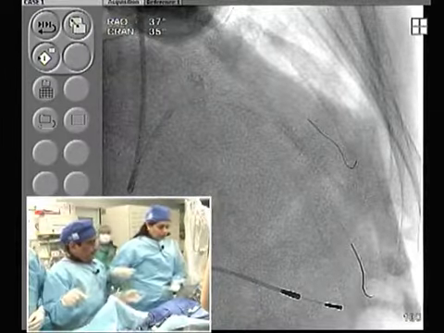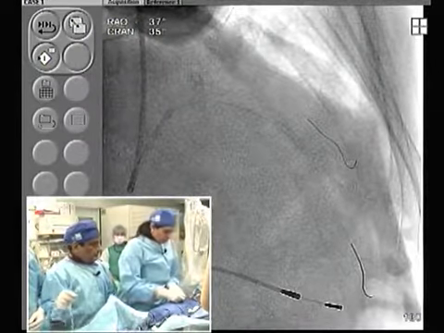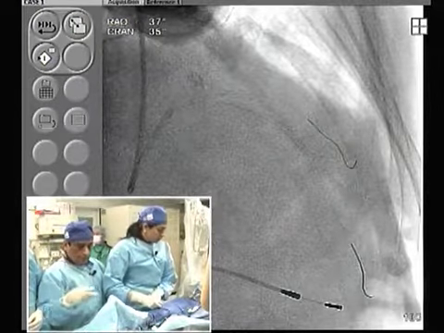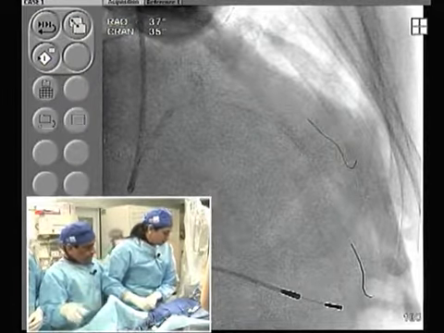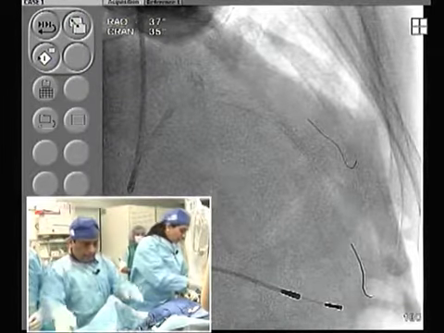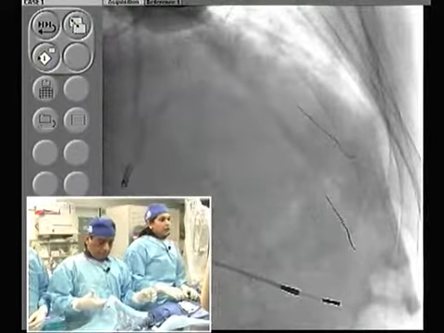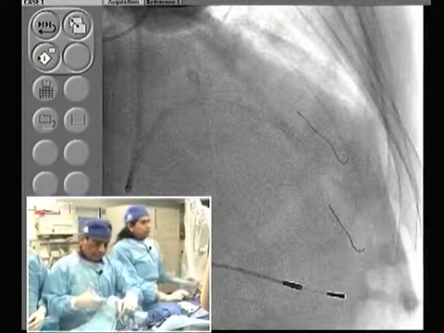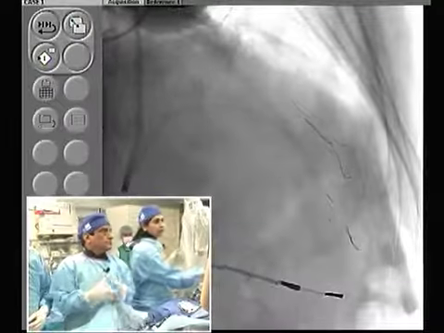I think we use VL for most of the left system, though we used to like the CL curve for the LAD. Most of the left side we use VL, and the majority of the cases are done with the Mach 1 guide. All our cases that we have shown are done with the Mach guides here.